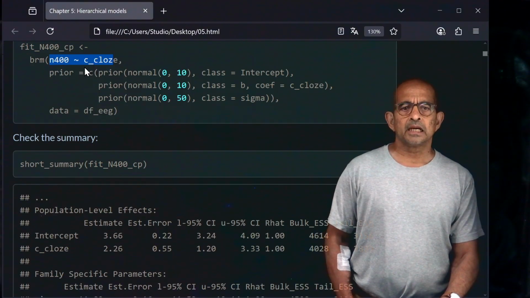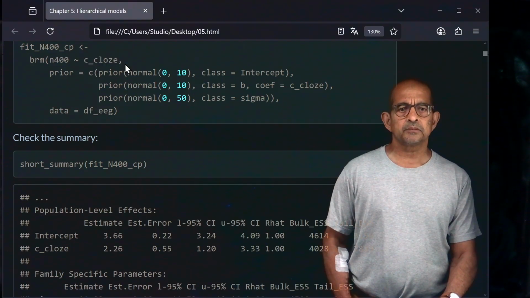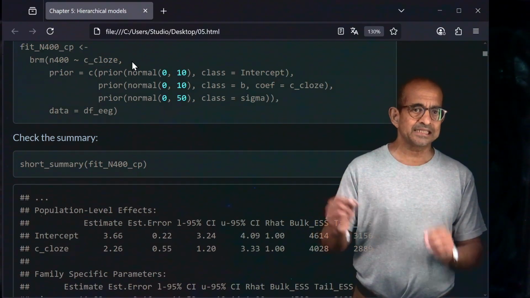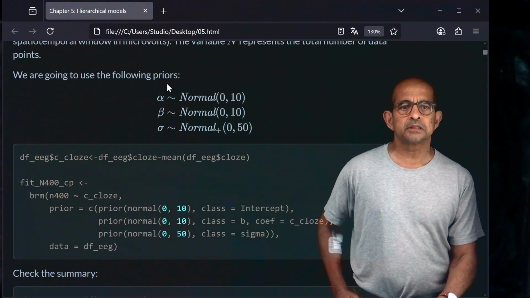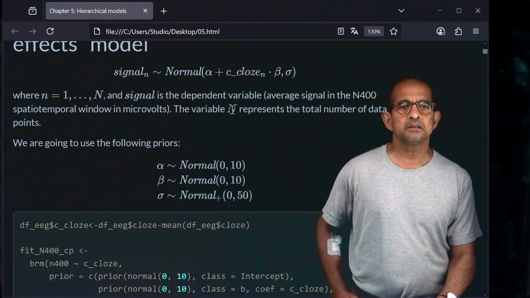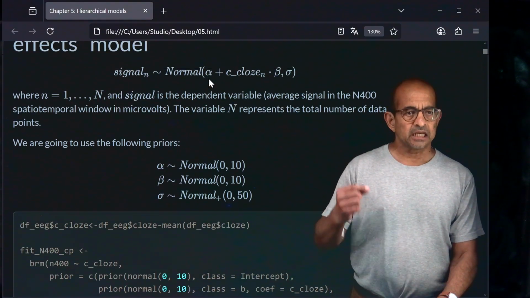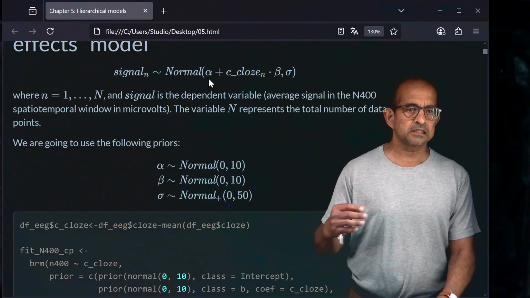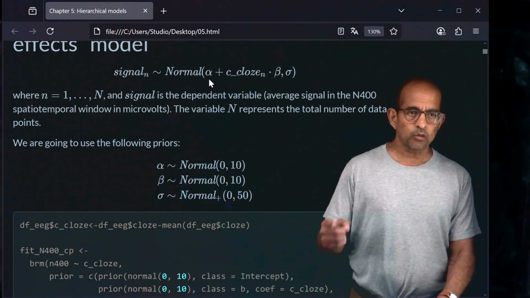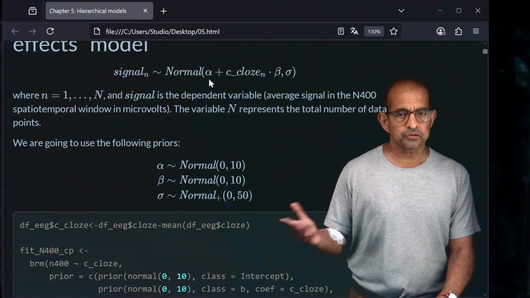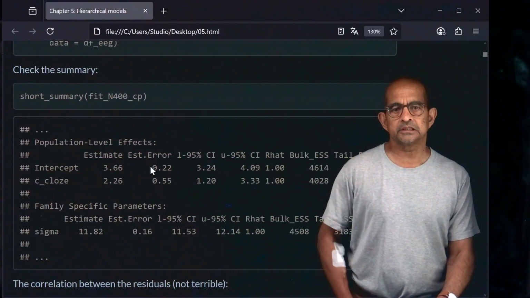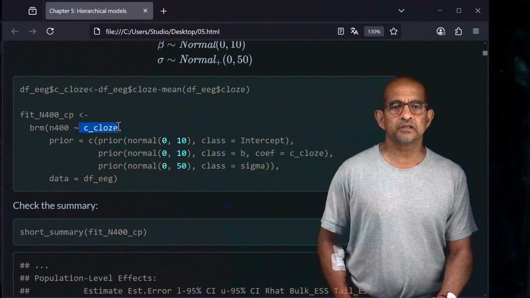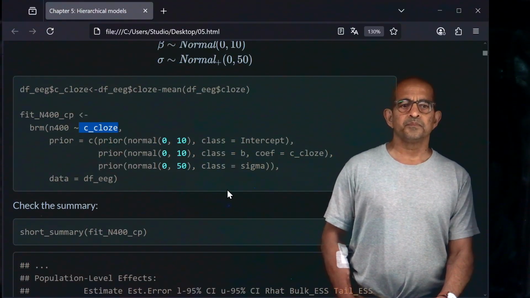That's because the 1, which represents the intercept alpha here, is understood in our syntax, and that's also true in the brms syntax. The intercept is always assumed to be present, so if you don't write it, it's still assumed to be present in the model. This is just an abbreviated form of the linear model.